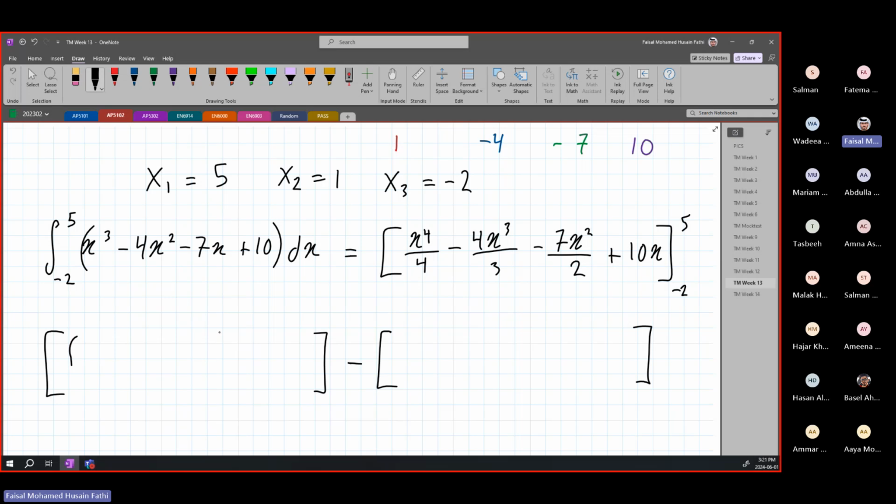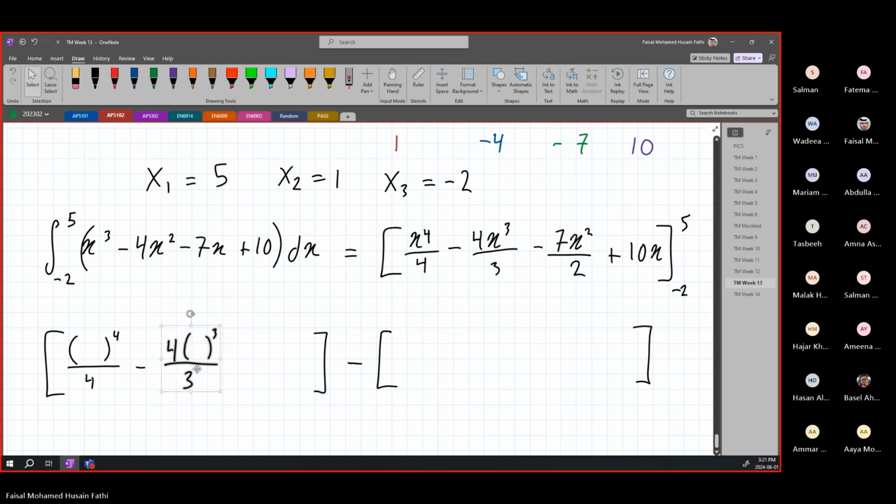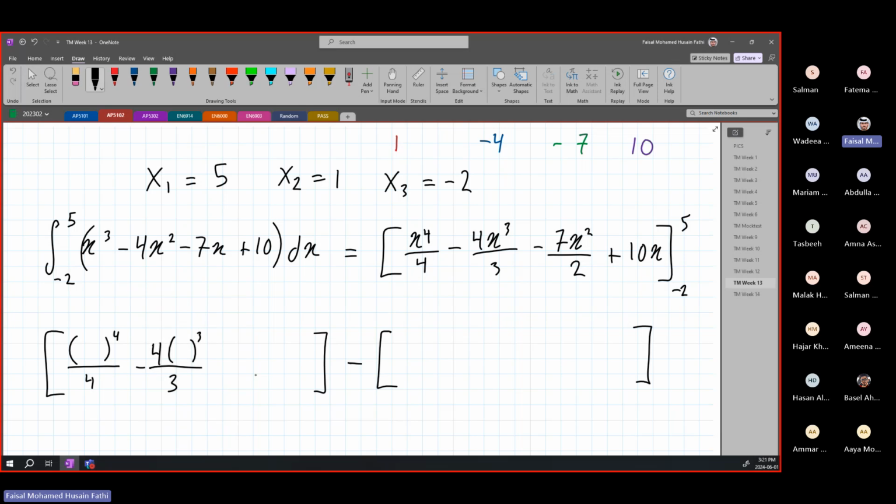So the first one is going to be brackets to the power 4 over 4 minus 4 brackets cubed over 3 minus 7 brackets squared over 2 plus 10 times brackets.